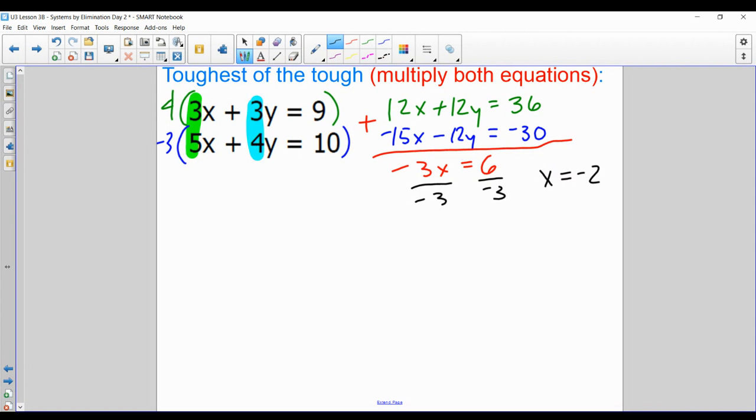Okay, so now I'm going to go back to one of my original equations. Let's just say the bottom one. I'm going to plug in x equals -2. So I'm going to say 5 times that -2 plus 4y equals 10. Multiply this out.